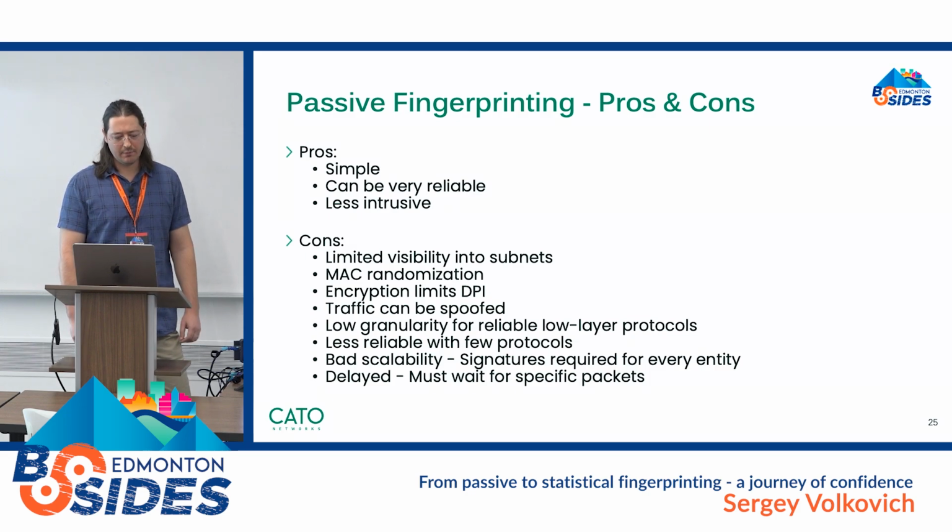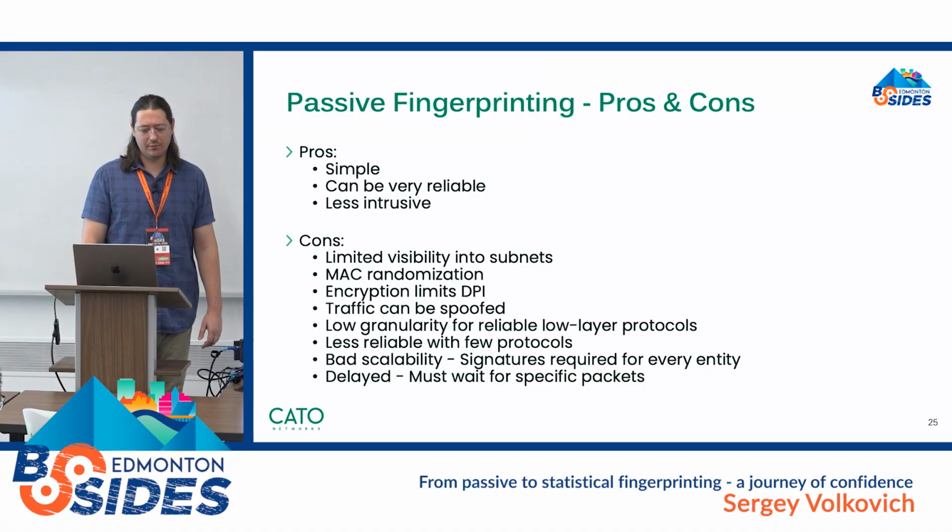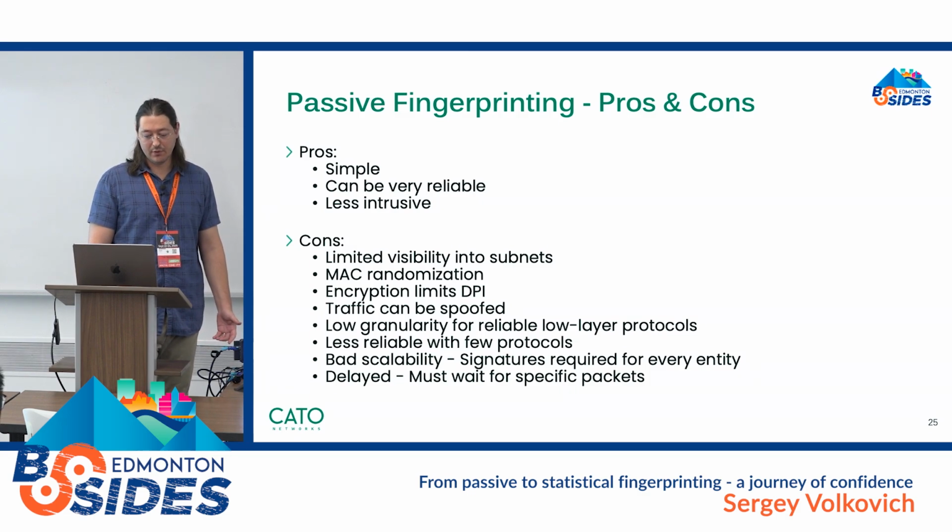We'll touch on it later. In addition, for example, HTTPS limits us from performing deep packet inspection. In addition, as we saw, traffic isn't 100% reliable and can be spoofed. Unfortunately, as a rule of thumb, low granularity protocols are the more reliable ones.